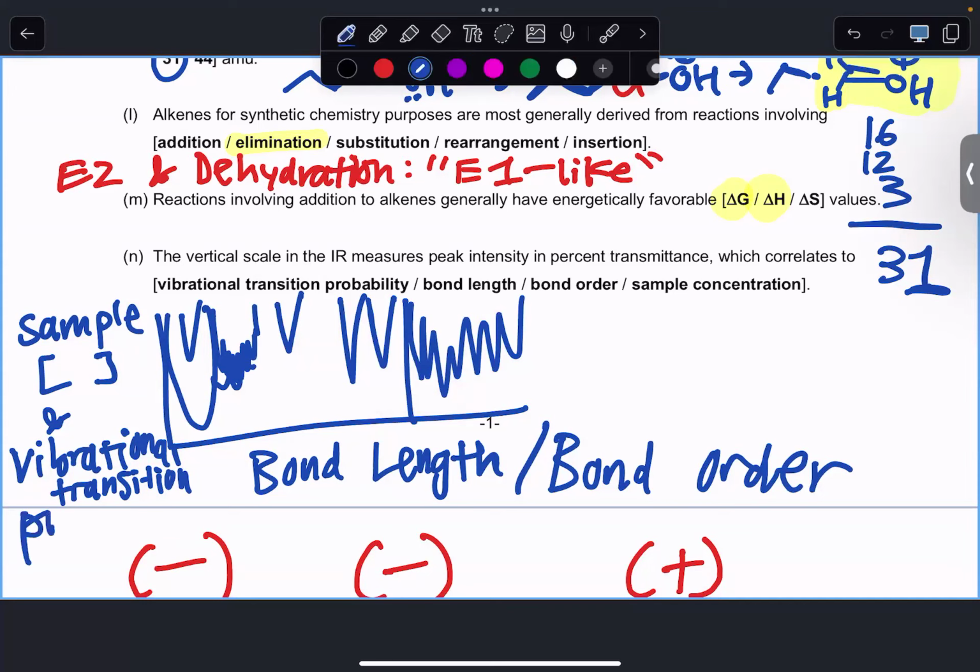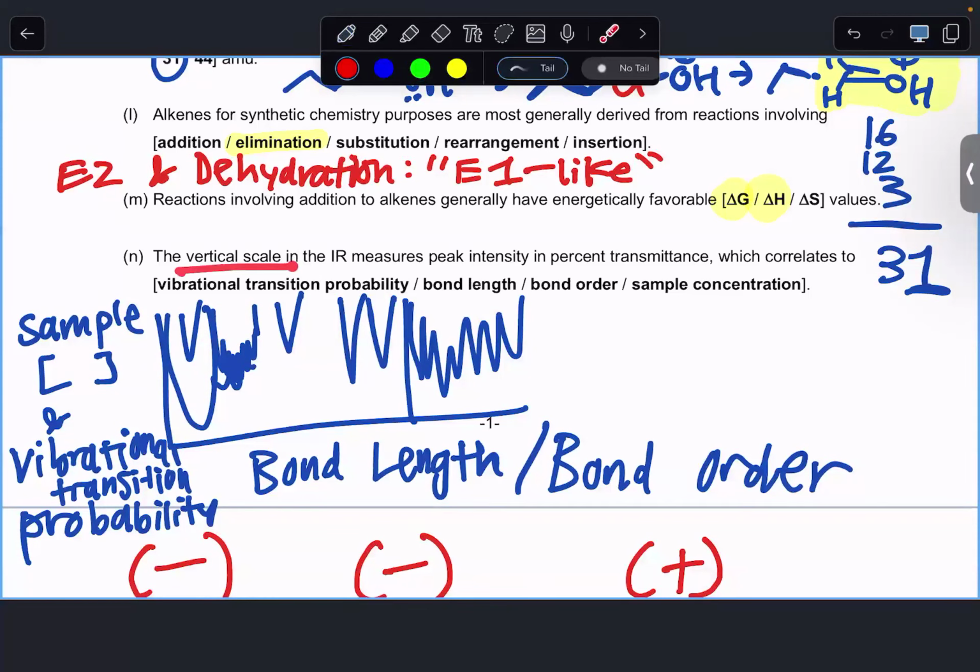Because if we have more sample, there's a higher probability of vibrating those bonds and seeing a sharper peak on the IR. If there is a lower sample concentration, there's a lower probability of seeing a peak because there's a lower chance of vibrating those bonds.